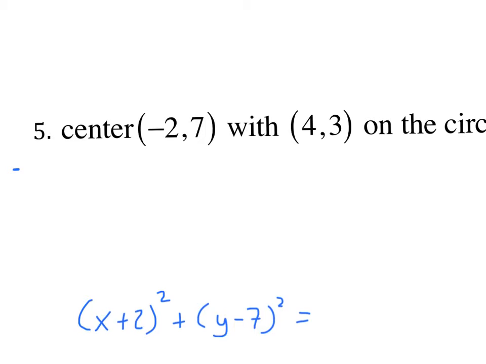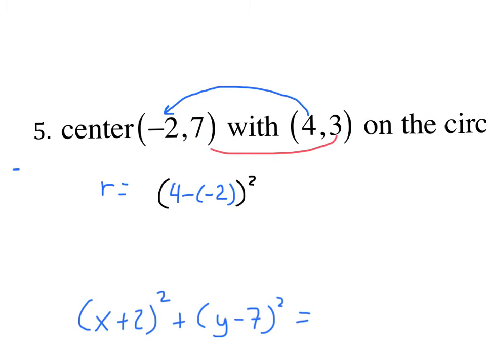So how do I find the distance? Well, I'm going to use the letter r instead of d for distance. And remember, I'm going to subtract my x's. So 4 minus a negative 2, and I'm going to put all that in parentheses, and all that will be squared. Next, I subtract my y's, and that's going to go in parentheses and squared also.